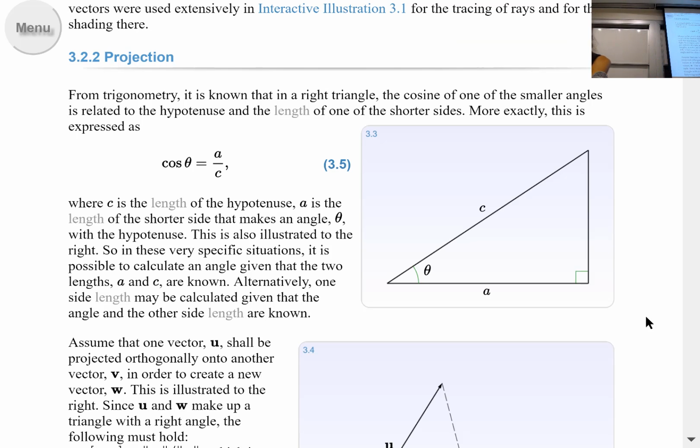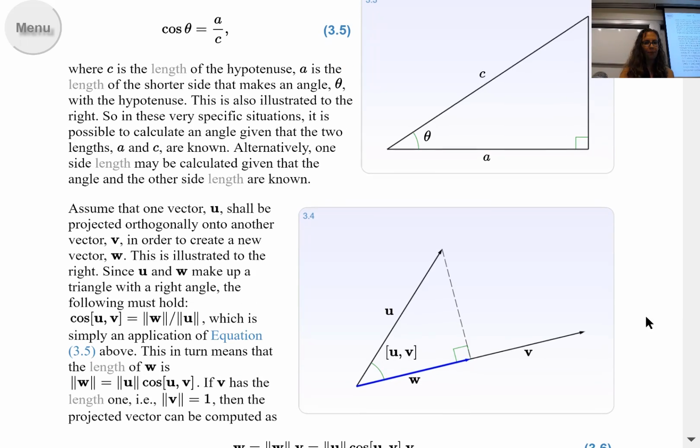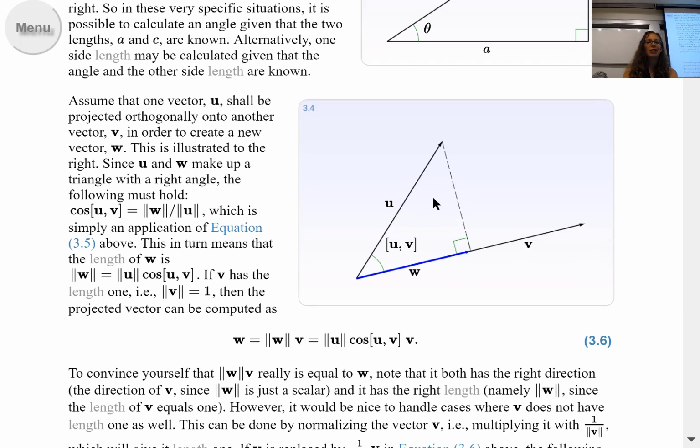If it loads. Okay. So the basic idea is here we have a vector u that we're projecting onto v. This is their diagram for 3.4. And then w is the projection. You can move u around and see how w changes. You can think of it as decomposing u into this component w that lies along v, as well as something that is perpendicular, or orthogonal, to v.